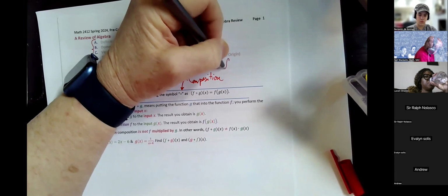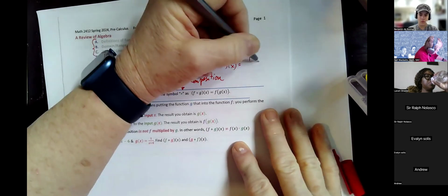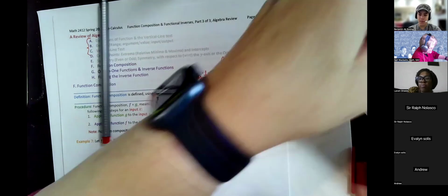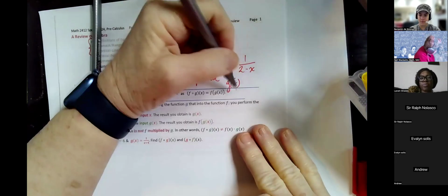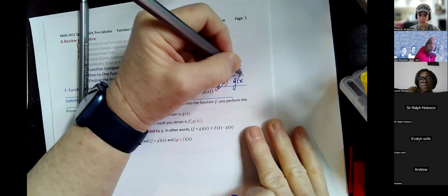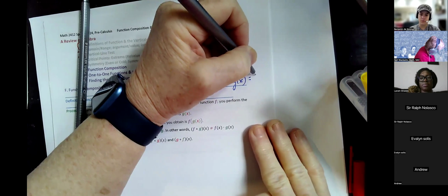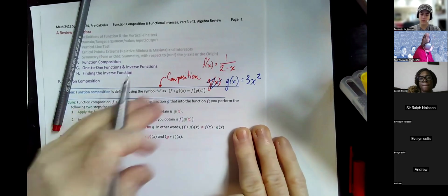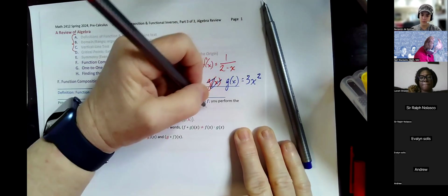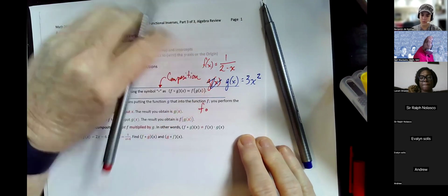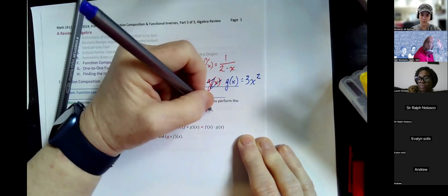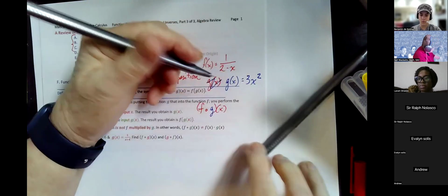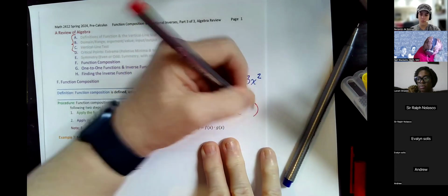So if we have f of x as 1 over 2 minus x, and say g of x as 3x squared, then f composed with g of x means that we are actually looking for f of g of x.